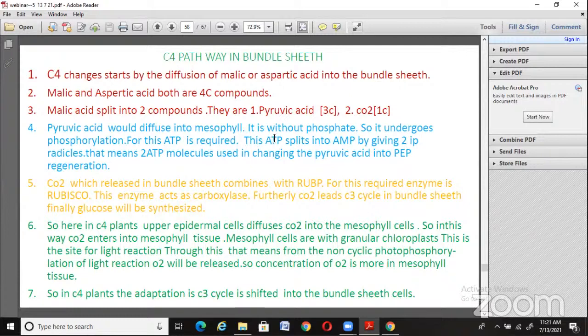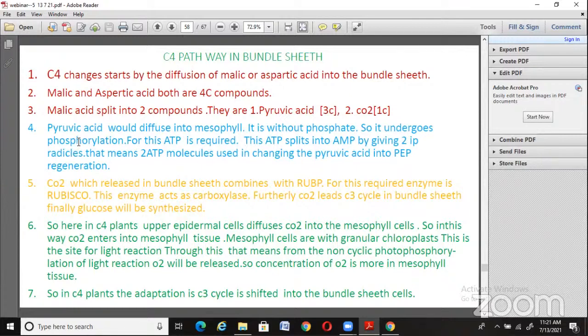When the ATP is utilized during this phosphorylation, out of those three inorganic phosphate radicals, two are utilized.